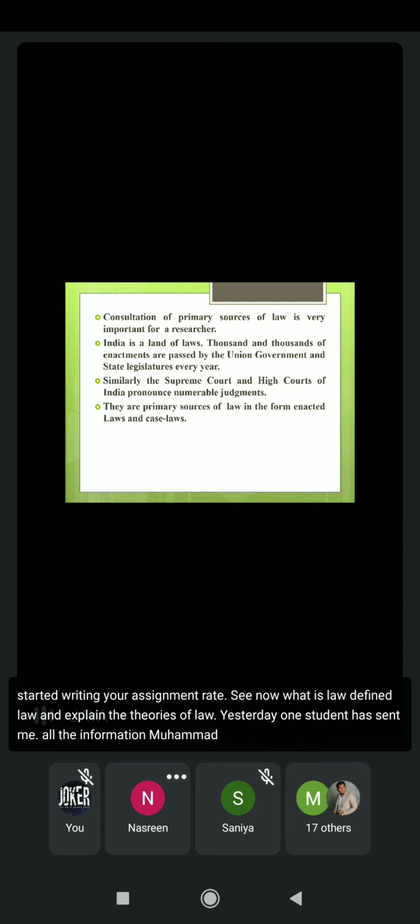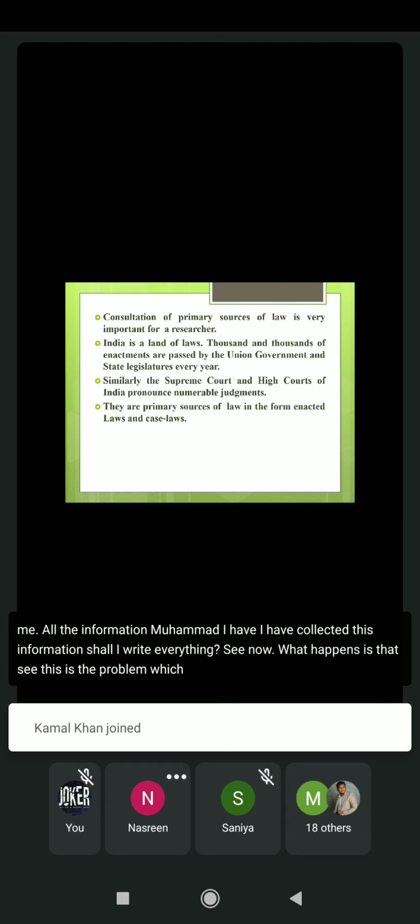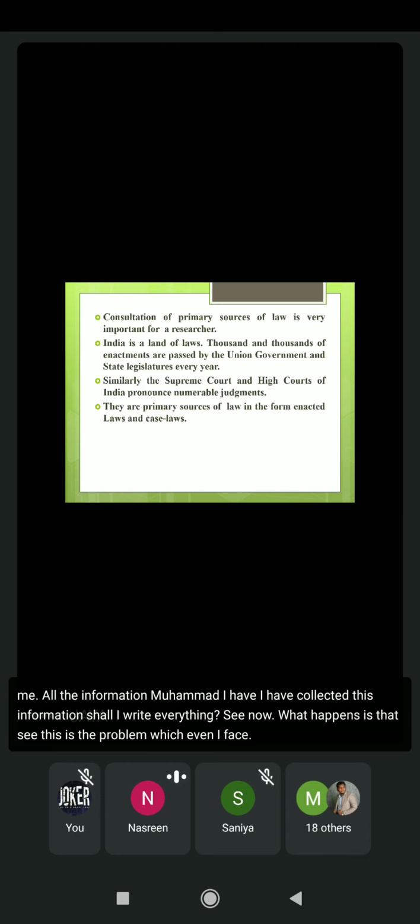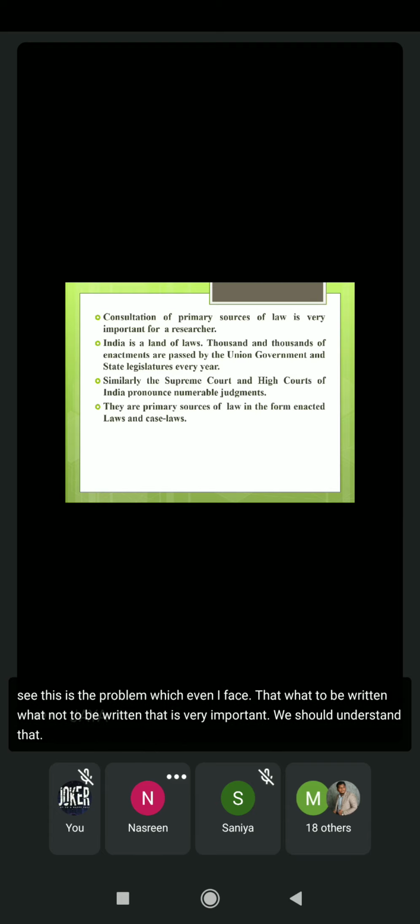Shall I write everything? See now, this is the problem which even I face: what to be written, what not to be written, that is very important. When I want to write an assignment, can I copy the complete thing, whatever information I get, in my book?